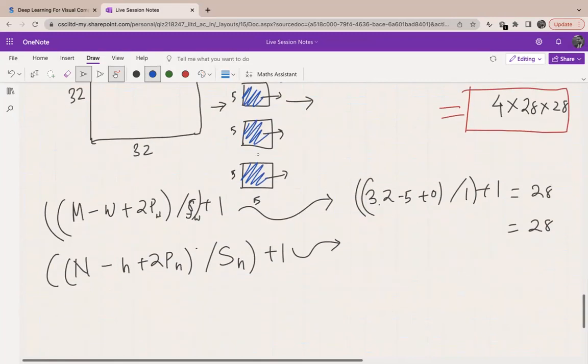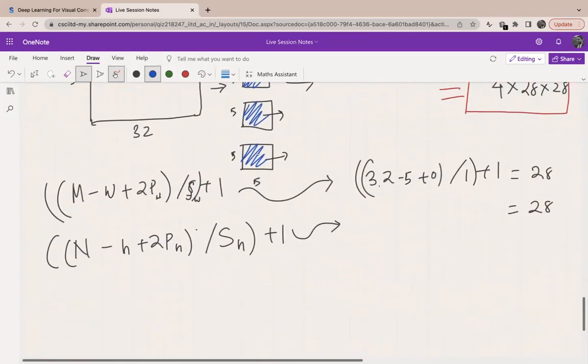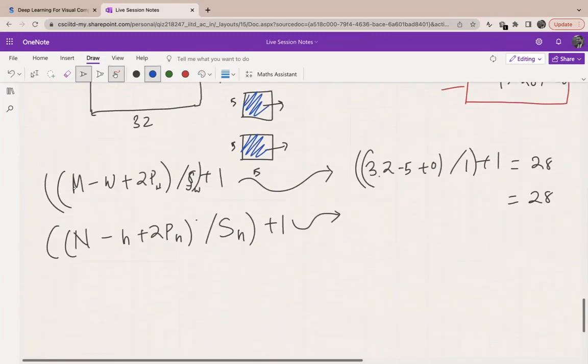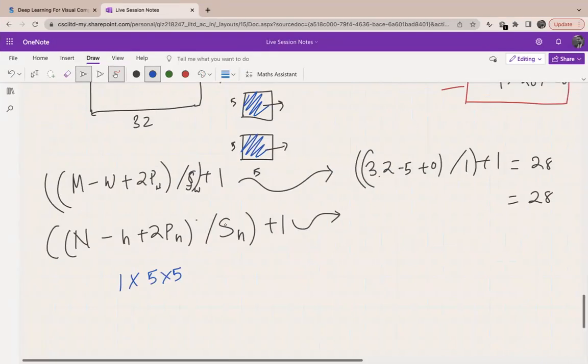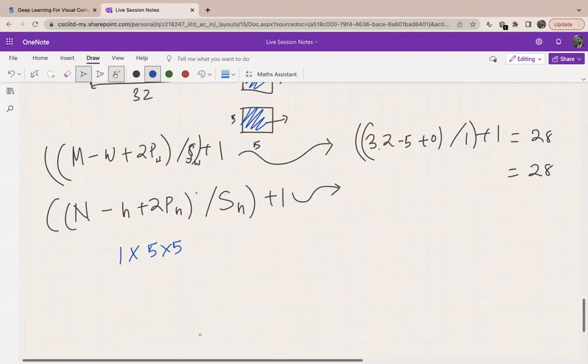Here we have 5 cross 5 and the number of channels is 1. So the number of weights per filter is channel into height into width, 5 by 5. Then we have one bias associated with it; each filter will have one bias.